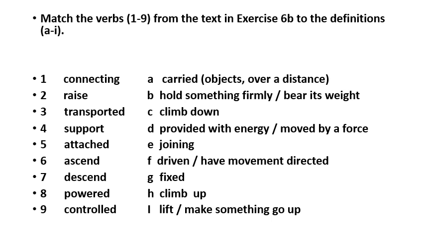So let's revise again the meaning of each word or each verb in the first column from 1 to 9 with its meaning or explanation or definition in the second column from A to I. The first, connecting, means joining. Raise means lift or make something go up. Transported means carried objects over a distance.